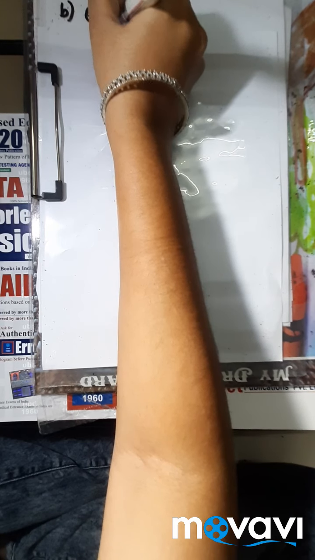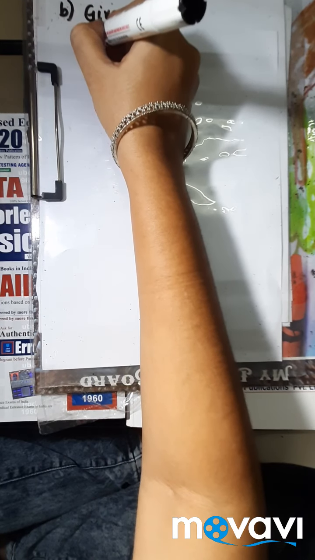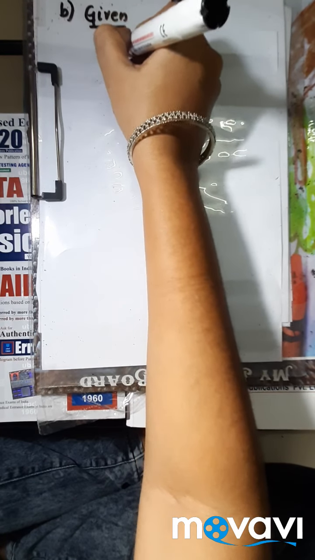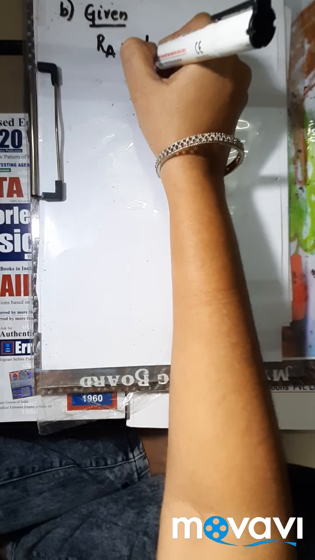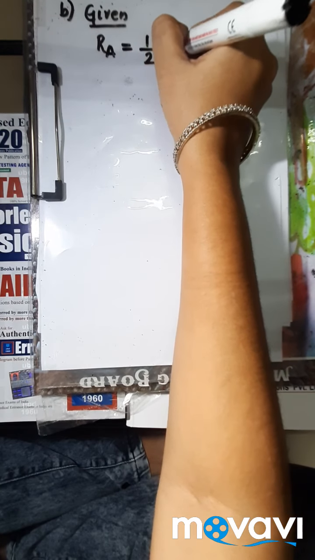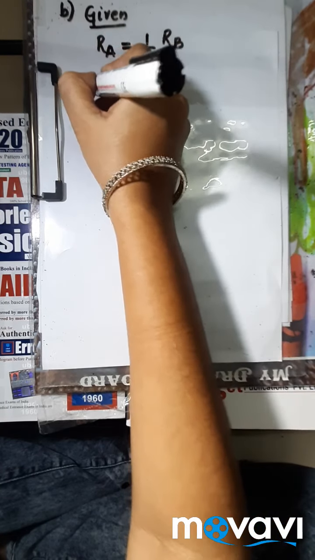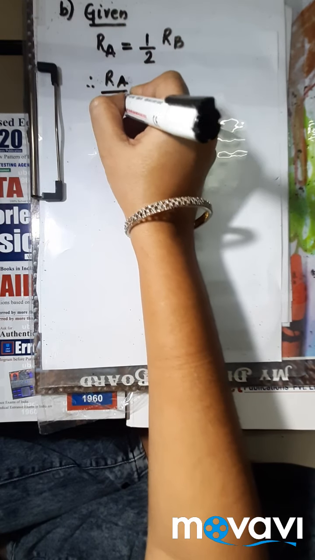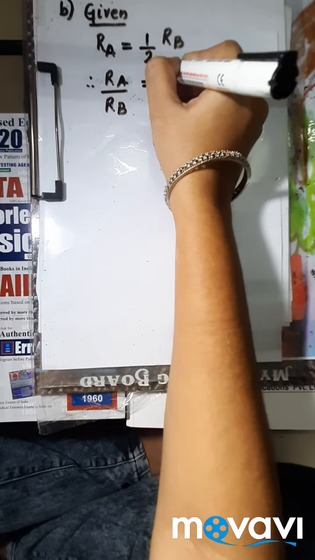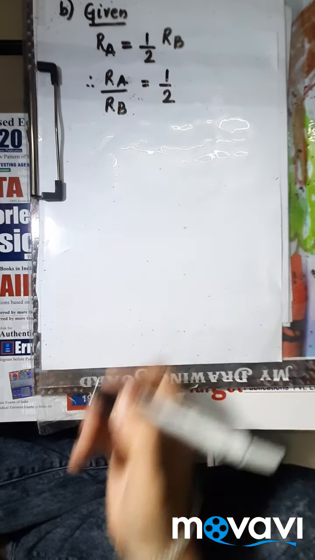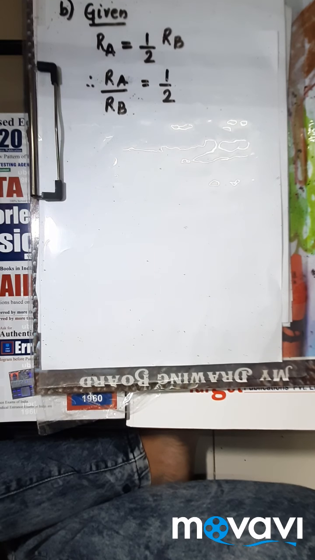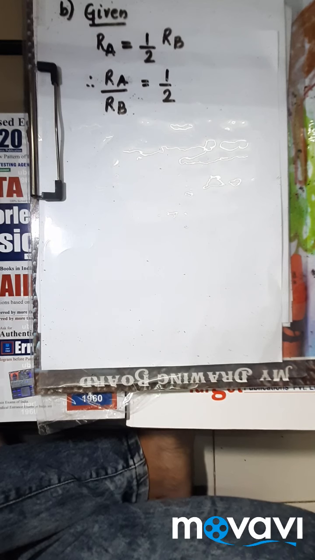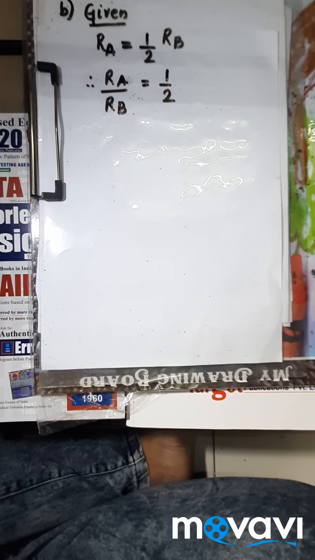It is given that the radius of planet A is equal to half the radius of planet B. Therefore, radius of planet A upon radius of planet B is equal to half. Is this clear?